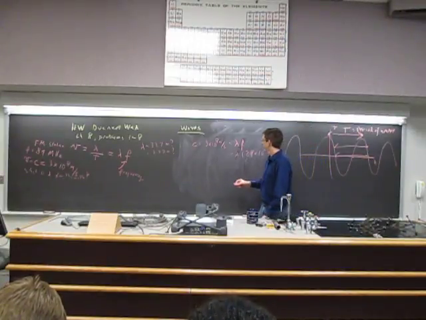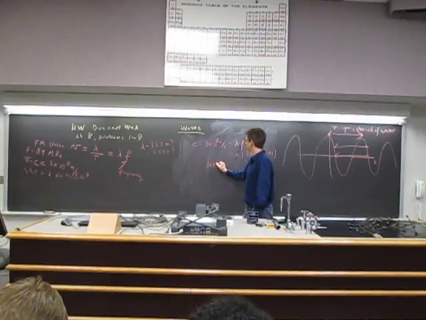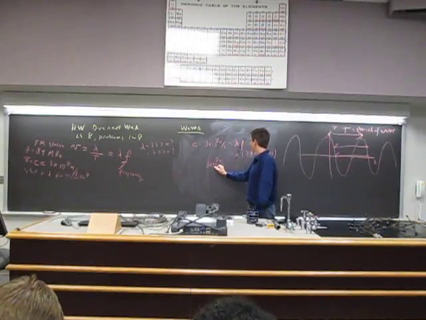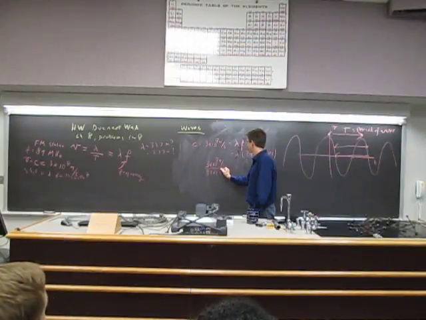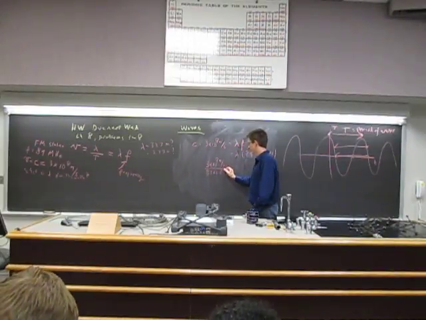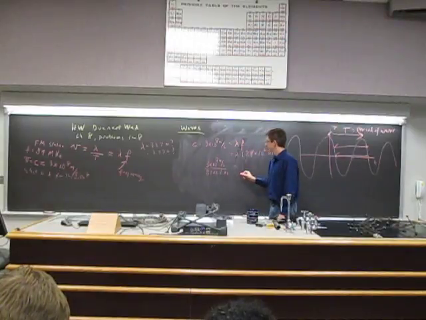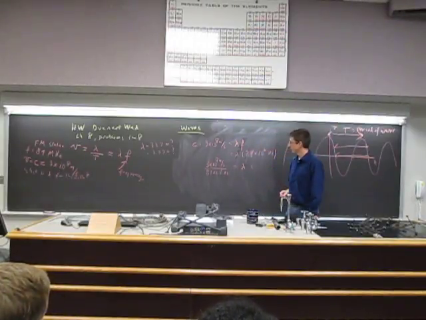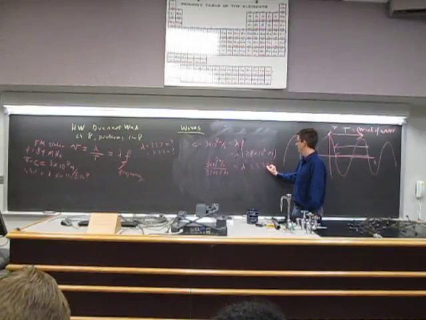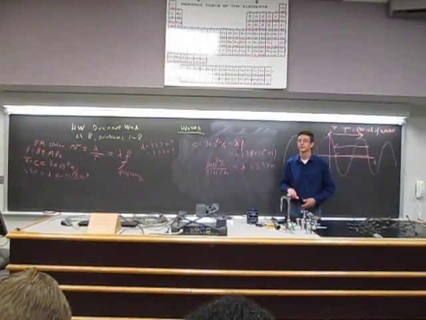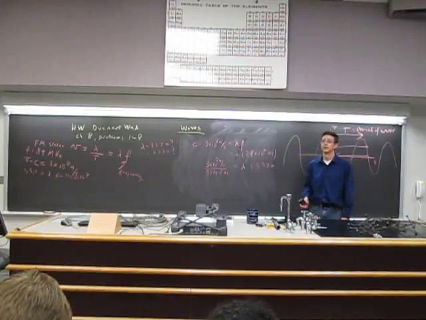So I'm going to take that 3 times 10 to the 8 meters per second divided by 89 times 10 to the 6th hertz, which is 1 over seconds, is equal to lambda. And what do I get? 3.37 meters.